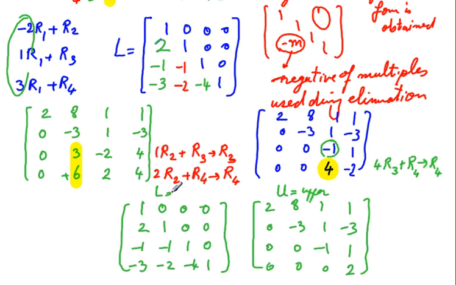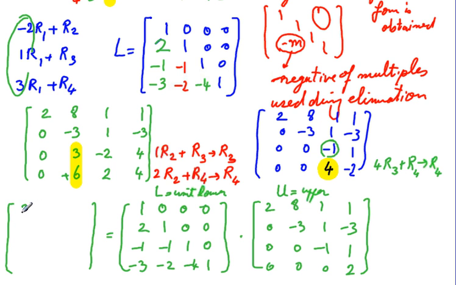That is L, which is a unit lower matrix. So by our design, these are all forced to be 1s. You have other options. What is the significance of this? What we have achieved is that if you take this guy, multiply with this guy, you get your original.